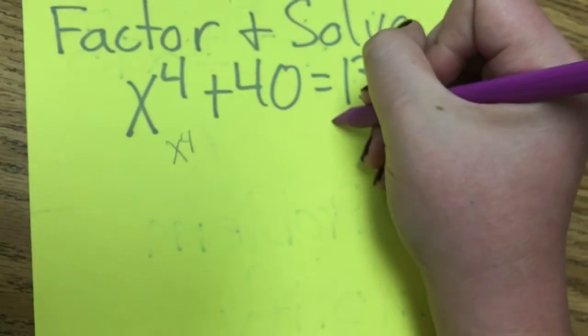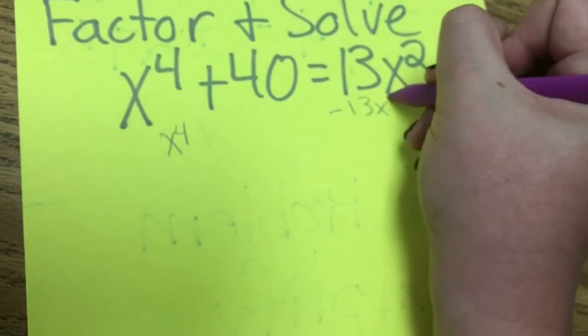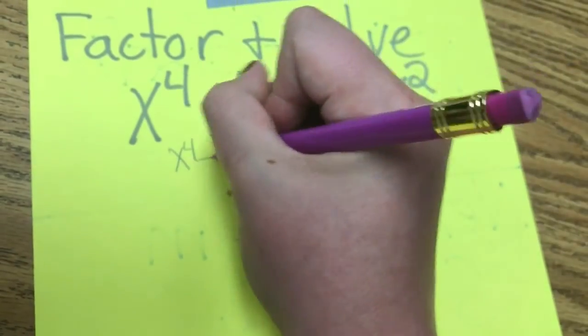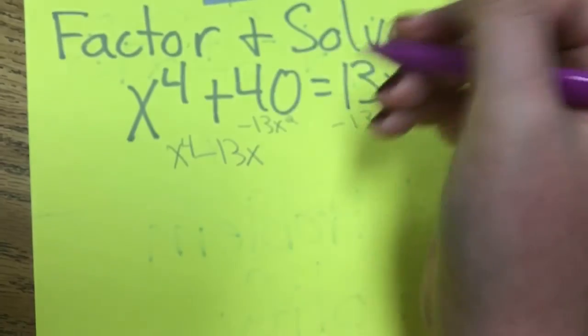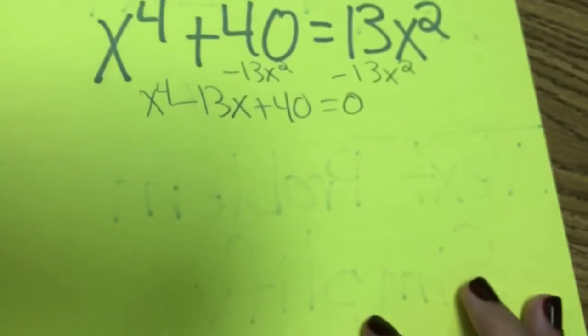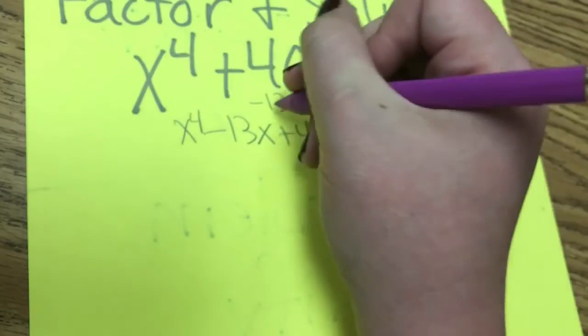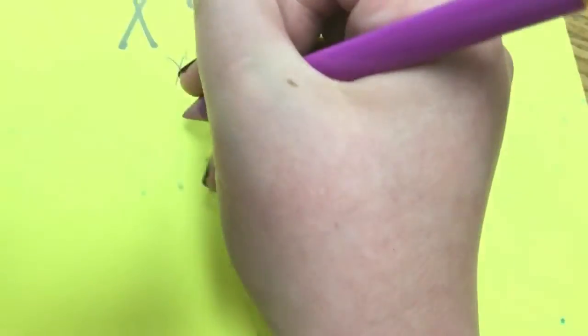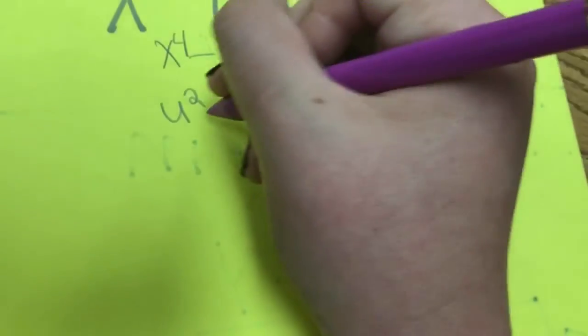We're going to move our 13 over by subtracting. So we have subtract 13x squared plus 40 equals 0. Then I'm going to substitute my u's in. So I'm going to break it down. So I got u squared minus 13u plus 40.